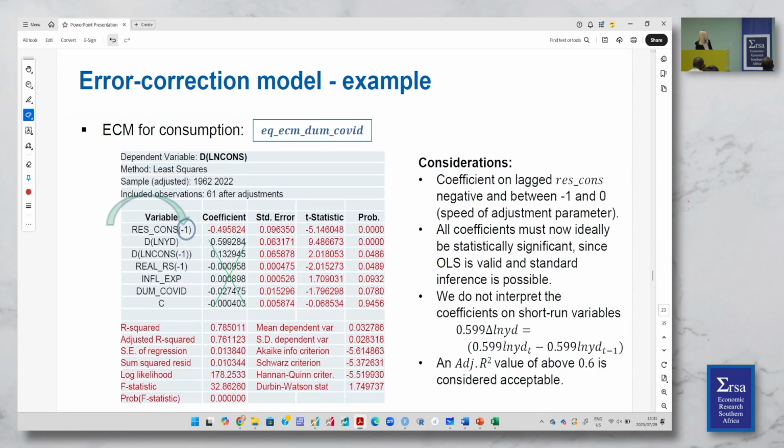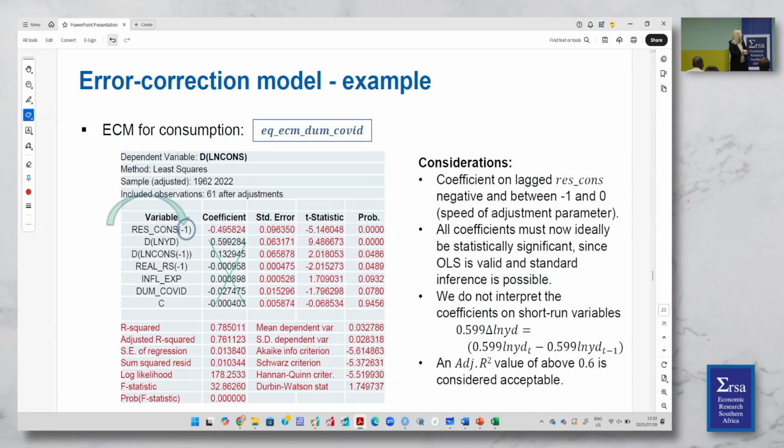And then COVID, we will never difference a dummy. If you look at that speed of adjustment parameter, is it fast, moderate, slow? Slow to moderate, the adjustment. Why do I have a green cross here?